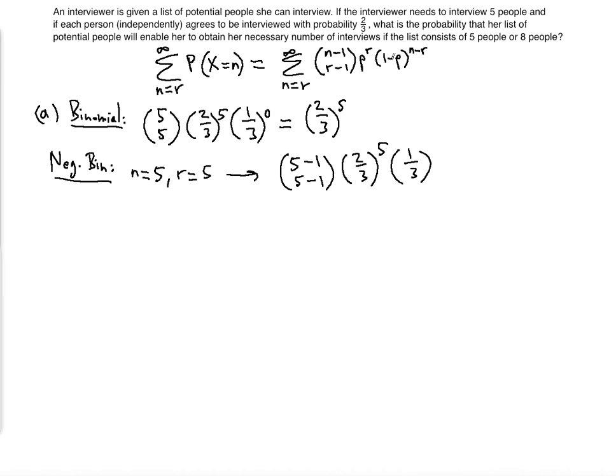And then 1 minus p is the probability of someone not agreeing, and that's raised to the difference between n and r, which is 5 minus 5, 0. Bingo. 4 choose 4 is the same as 5 choose 5. It's still 1.